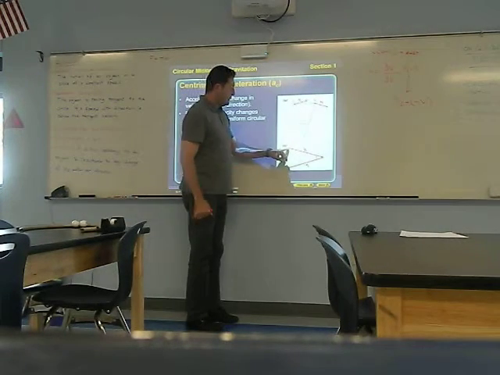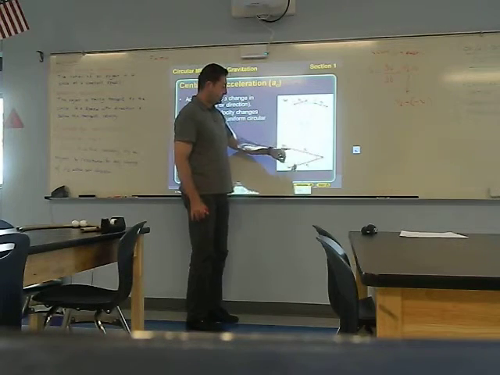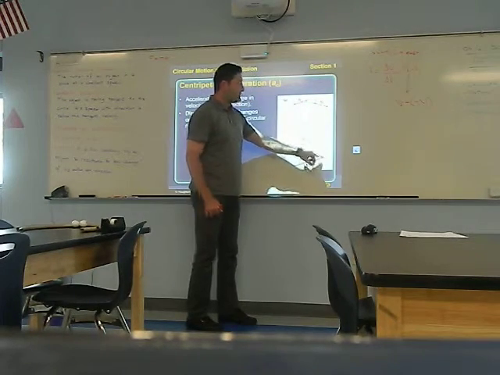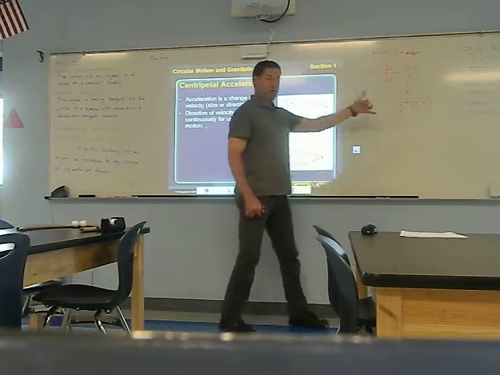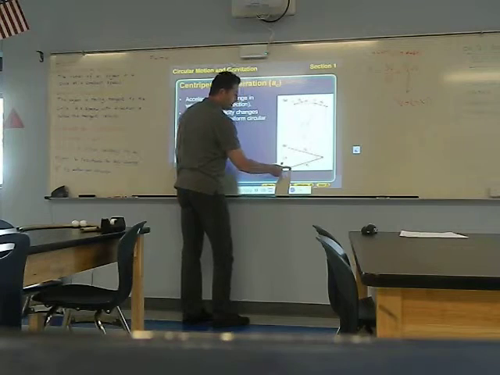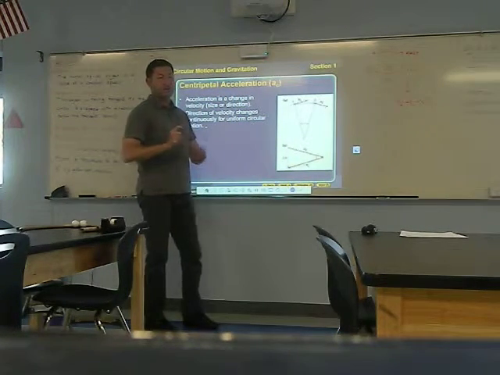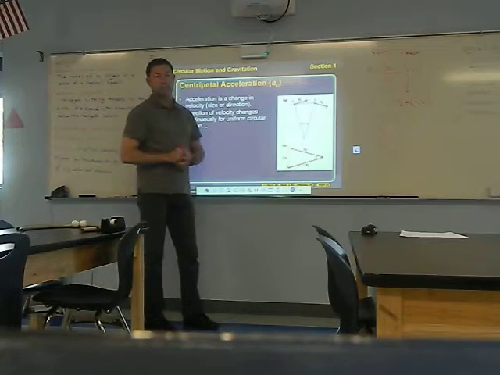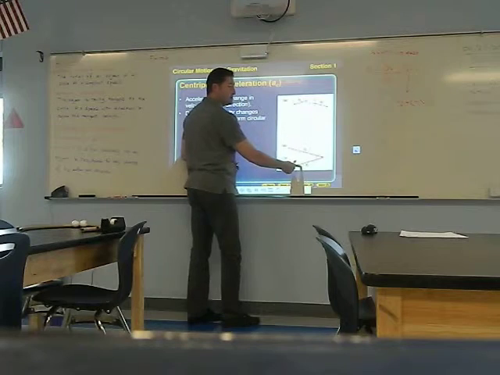It means that we have to draw the final velocity. Then we have to add the negative of the initial velocity. It means that we have to change the direction of the initial velocity and add it to the final velocity.